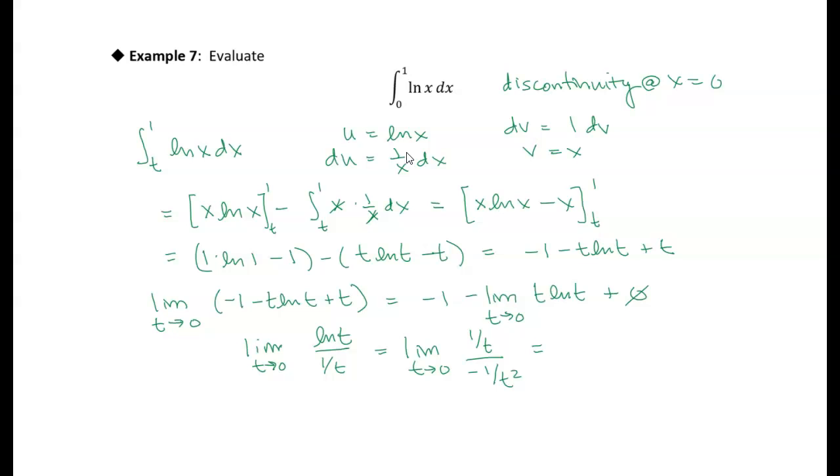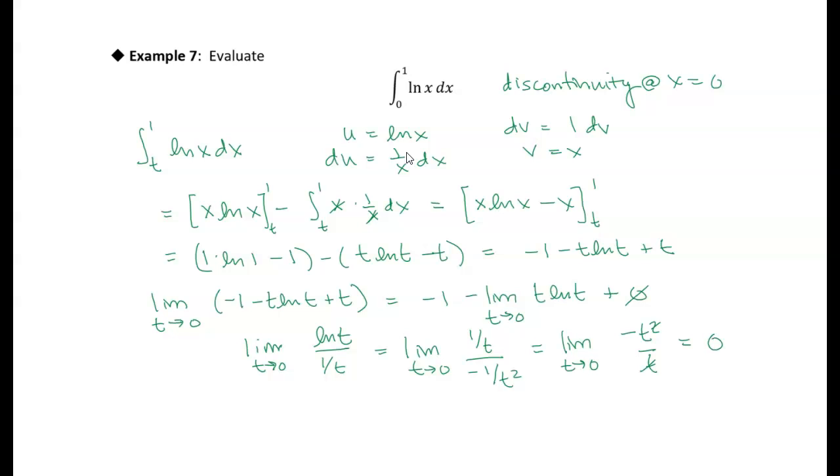I can rearrange that and put the t squared on the top, so it's minus t squared over t, and one of these t's will cancel. So it's essentially negative t, and the limit as t goes to 0 is just going to be 0.